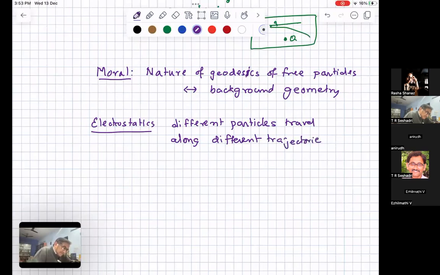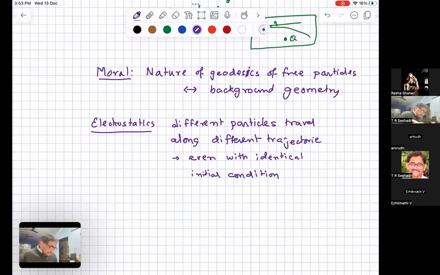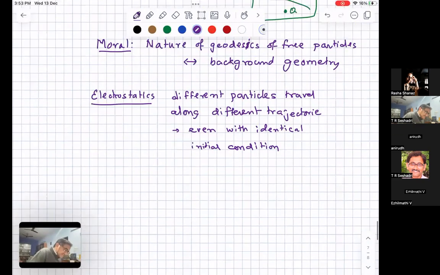But one important thing: even with identical initial conditions, because the equations of motion are different, they will go in different trajectories in electrostatics. Hence, geometrization is not possible.